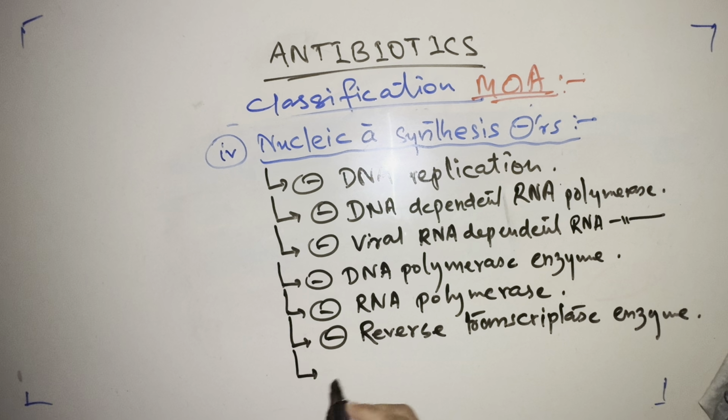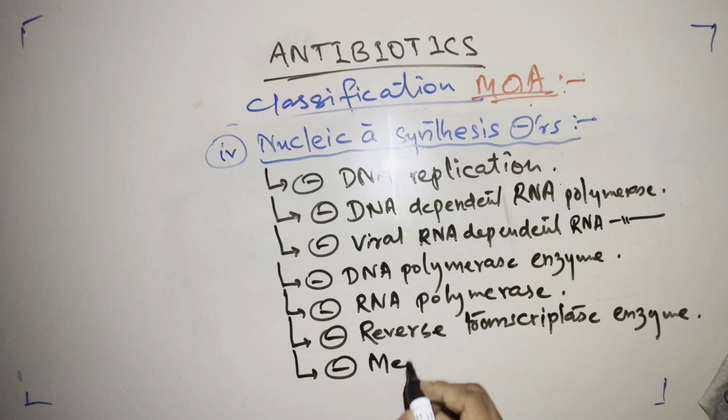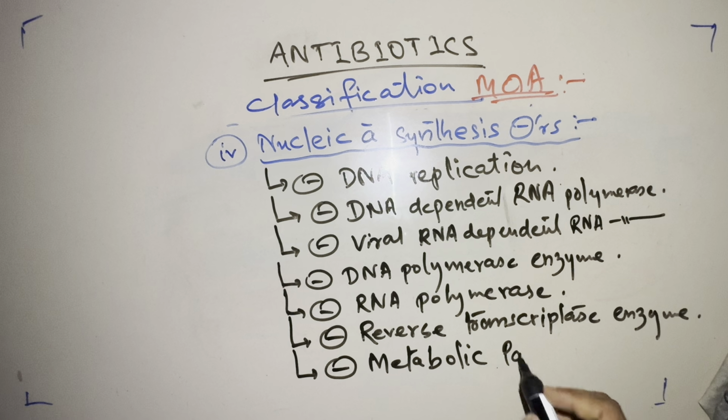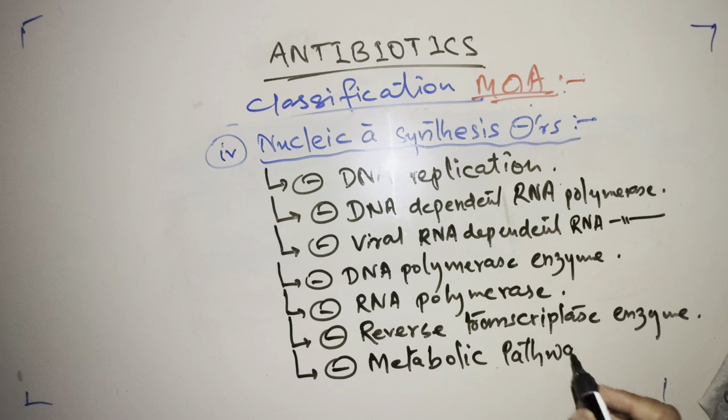And next is by inhibiting metabolic pathway. So by inhibiting metabolic pathway also you can inhibit nucleic acid synthesis. Now let's see the first one.